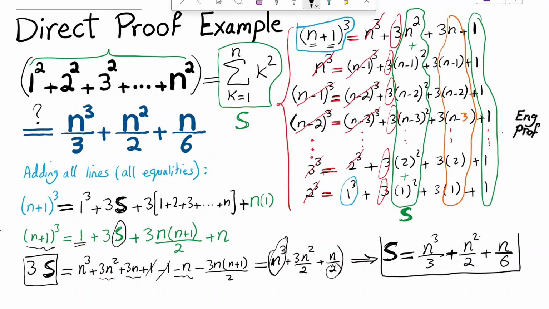This is exactly what we wanted to prove, and that completes the proof for this direct proof example. Of course, the best method to use for proving this kind of problem is generally mathematical induction, but this is just a showcase that it can also be proven in a direct fashion, using a method other than mathematical induction. I hope that this example is helpful.